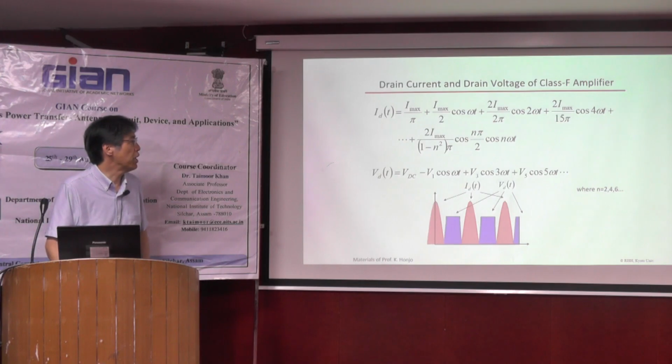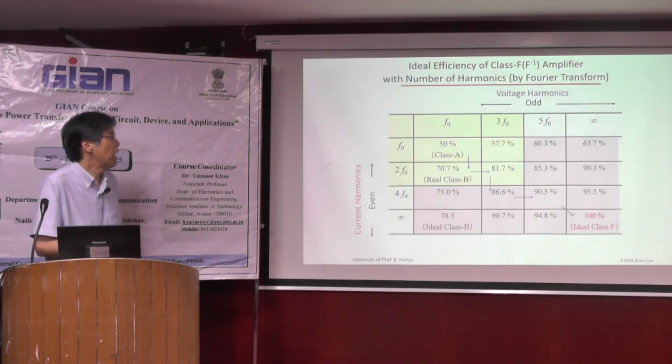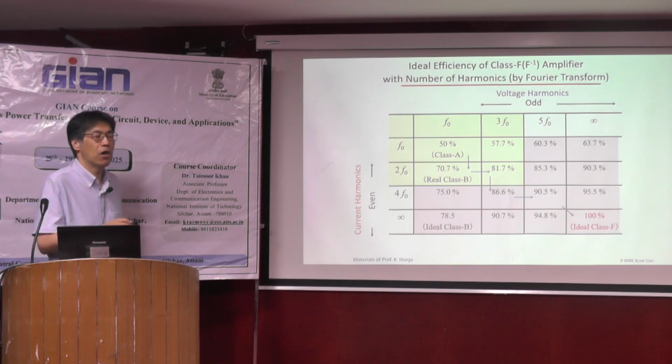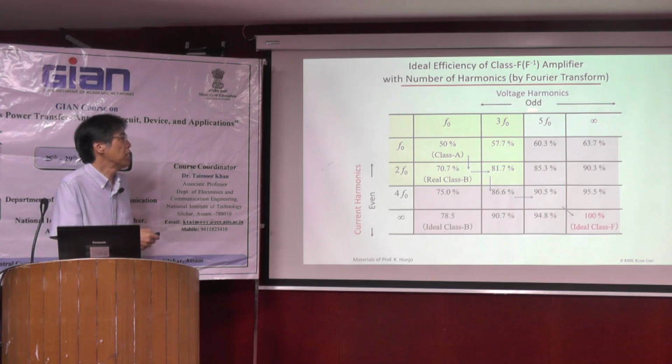And additionally, we can explain this operation of the class F from class A or class B. Now, I mentioned we consider changing the harmonics at the odd frequencies and even frequencies, with impedance of 0 and infinity.